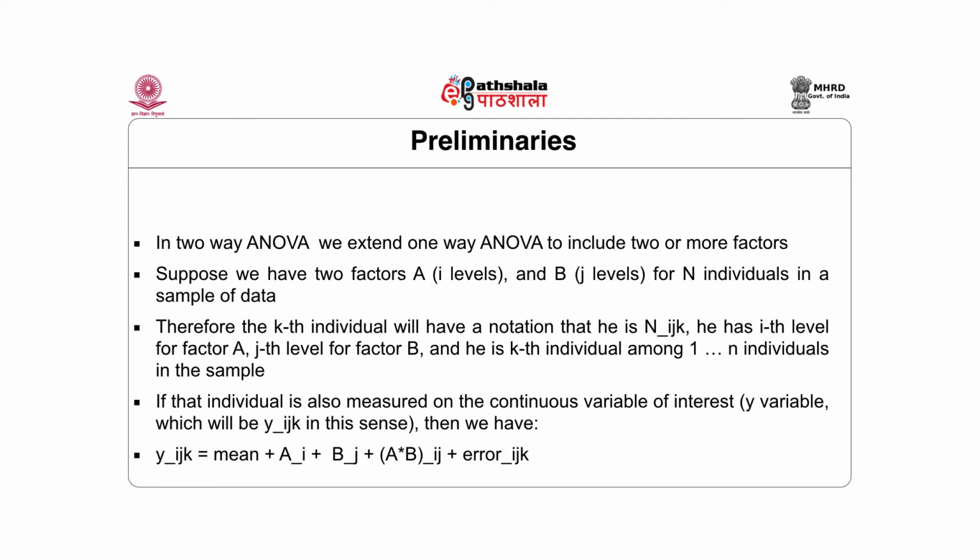Maybe, let's say, in our example of length of stay. So let's say we are going to study length of stay of 100 individuals at a particular hospital or a group of hospitals. And then we are comparing gender with department, for example, or socioeconomic status with department. Then YIJK could be the length of stay of the case individual measured on the ith level of, say, socioeconomic status.